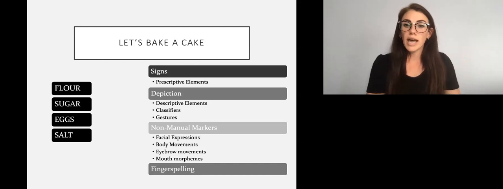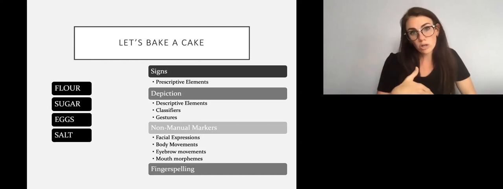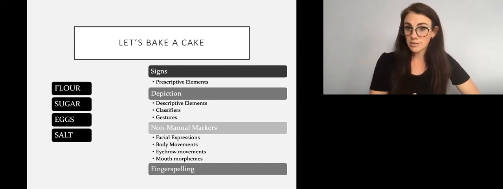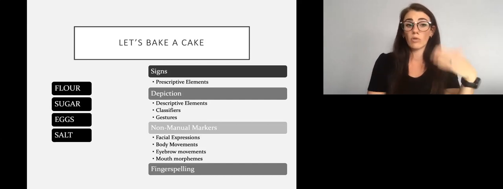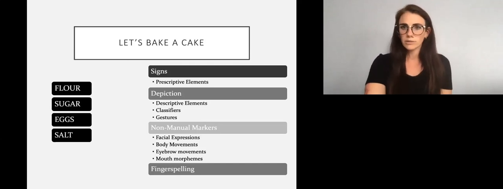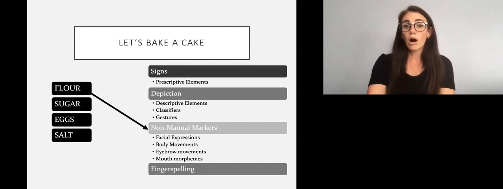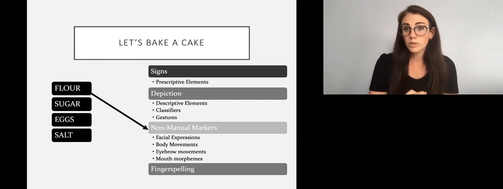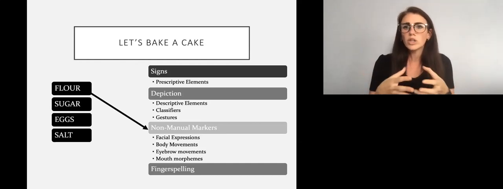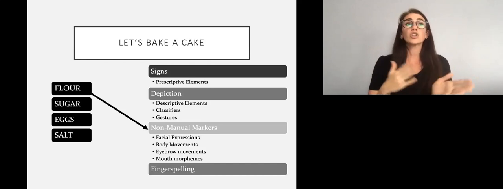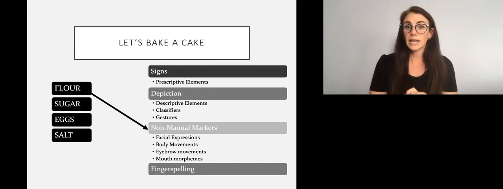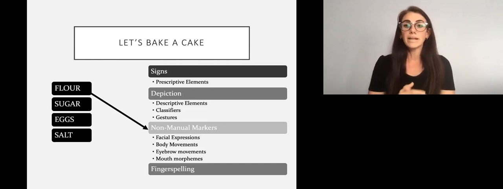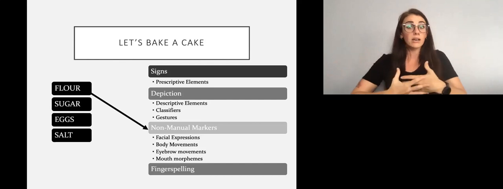So we start to look at, okay, well, what's our flour, what's our sugar, salt, and eggs when it comes to ASL? Initially, flour is the most, and a lot of people will initially think, oh, well, signs are our flour, right? Actually, no, our flour is our non-manual markers, right? Because again, without it, we lose so much meaning, right? If I take a sentence like, that shirt looks good, and the vocabulary never changes, but the way I say it changes, I change the meaning, right?